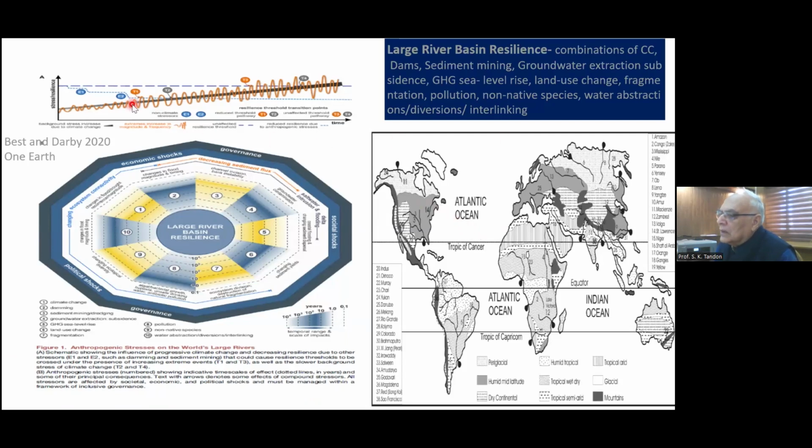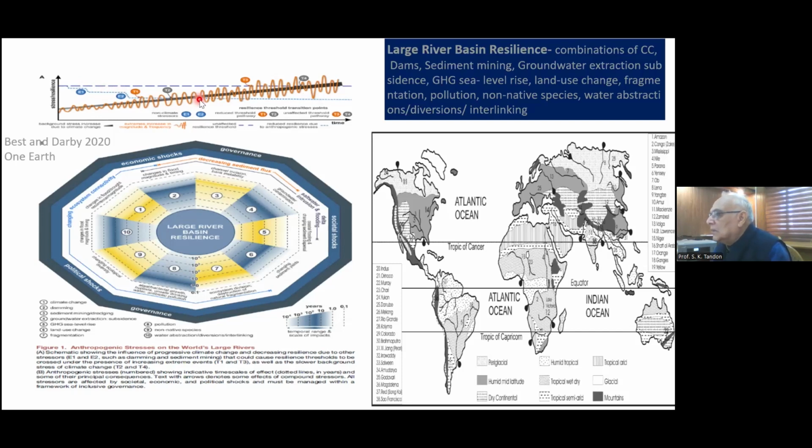Now, climate change is one thing which is impacting the river systems at the global scale, at the regional scale, at the semi-regional scale. Then there are local stressors, which are environmental stressors by way of the engineering structures we have put in. And these stressors intersect on already lowered resilience because of climate change.